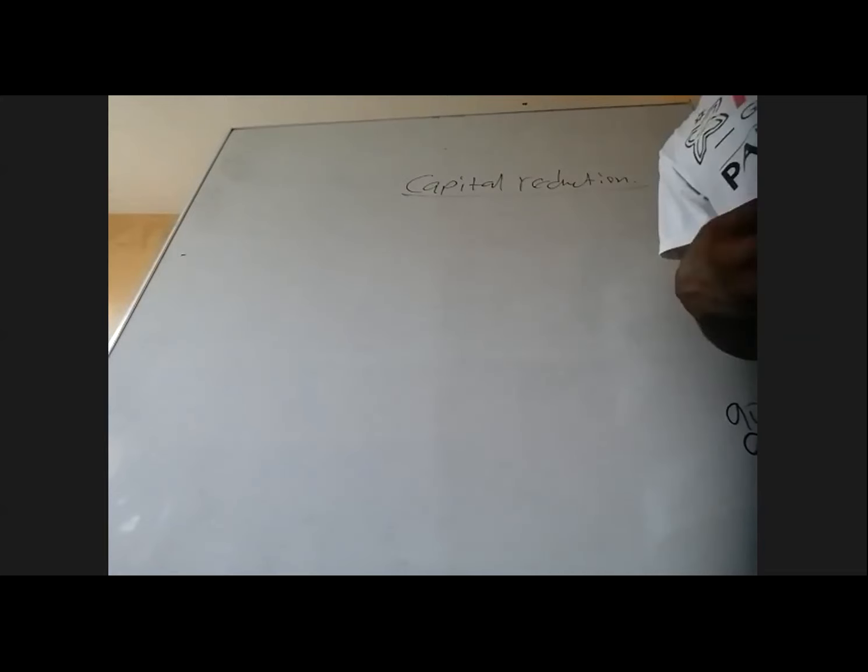So a quick recap on capital reduction. We said that capital reduction is just the arrangement or process where a struggling organization undertakes to revive its business and come back to normal profit making.